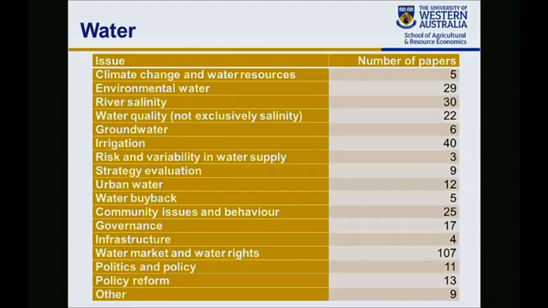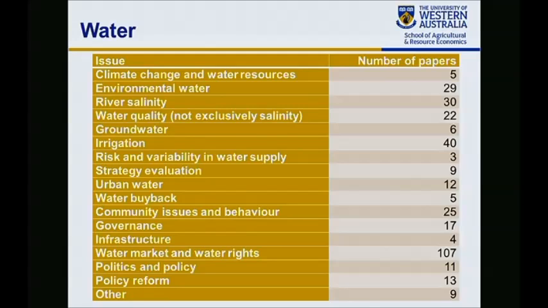Within the water area, we broke the papers down into quite a few different sections, probably more than in any other broad grouping. You can get a sense of the emphasis of the research from these numbers. This is a little bit rough, but it's an indication of the level of effort in these various aspects of the economics of water.